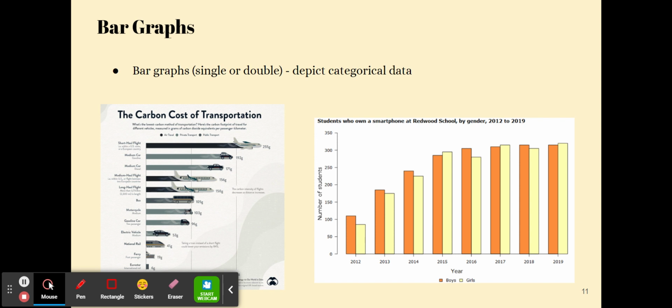A double bar graph might be used if we're separating, say, by gender or by age or things like that. So where we want to make a comparison between a group and then looking at how that group answered in terms of categorical data. Again, you'll notice titles, labels, all of those things are there.